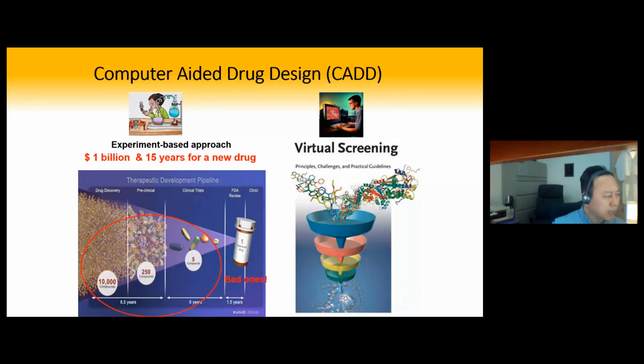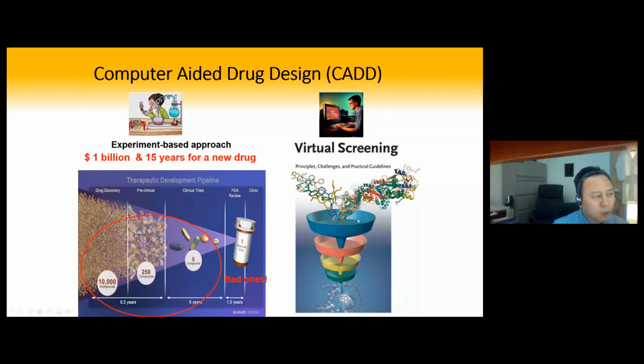Why does the traditional way cost so much time and money? Because it is a blind testing approach. They just draw the lottery, try 10,000 compounds, move through the pipeline, do the experiment, and then hopefully there are some active ones. So you are spending so much time and resources on bad compounds.